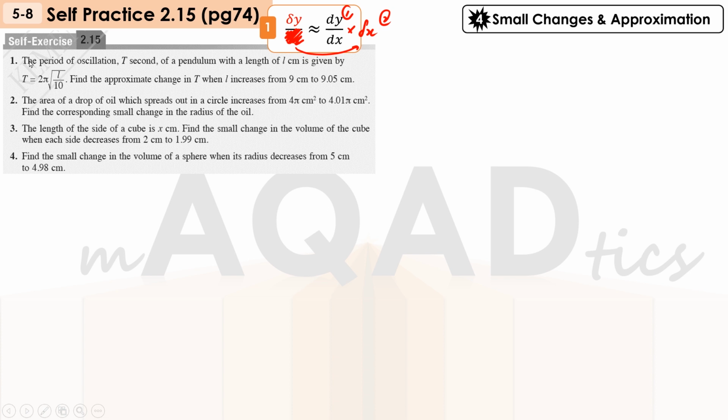For the first question, we have the period of oscillation T of a pendulum and the length L, and it is given by this equation. We need to find the approximate change in T where L changes from 9 to 9.05 cm.